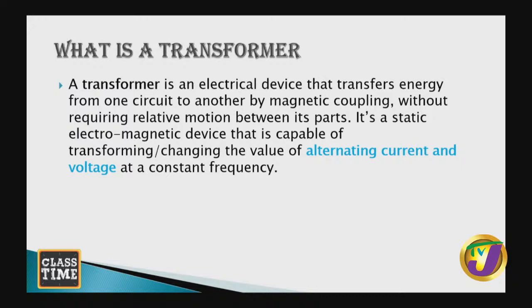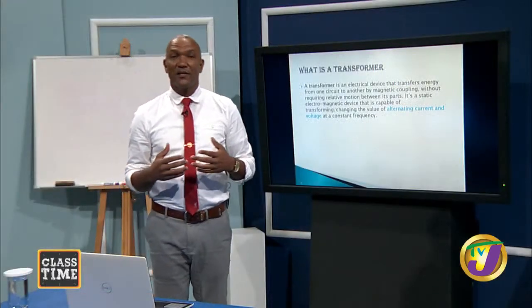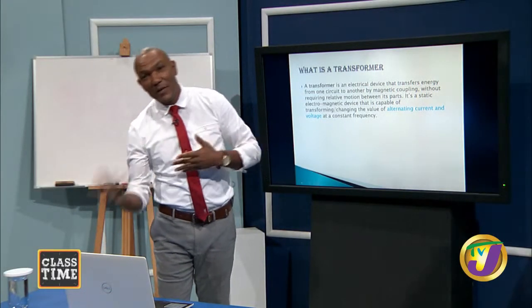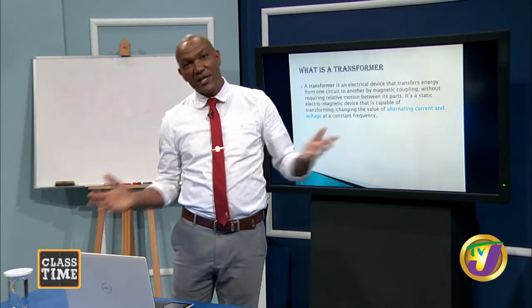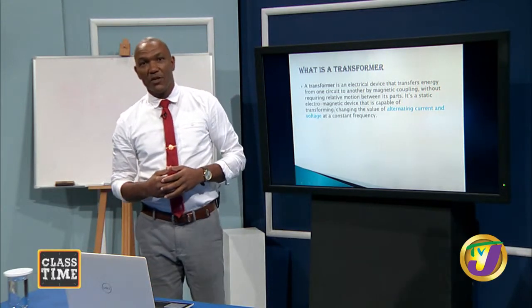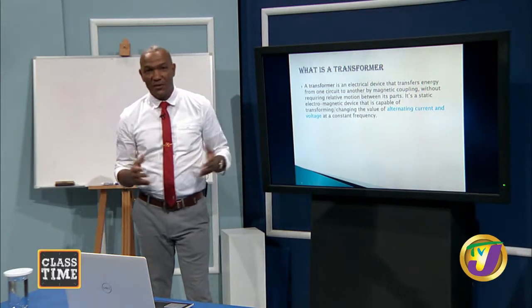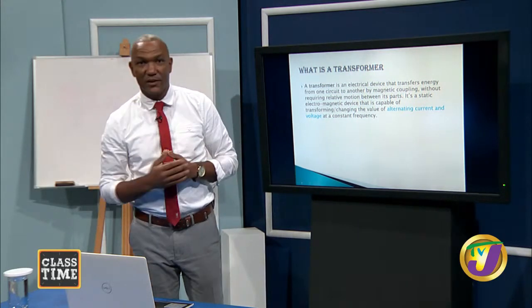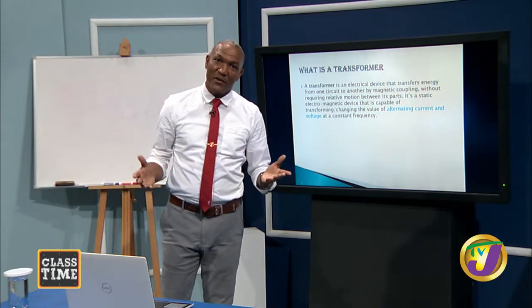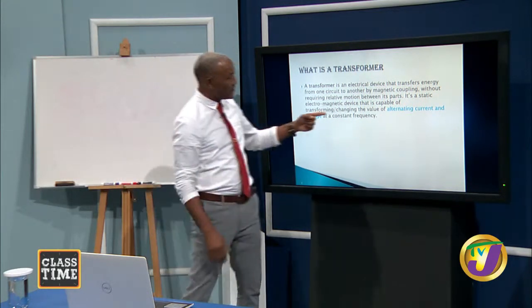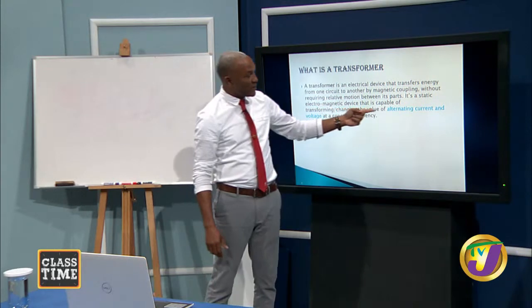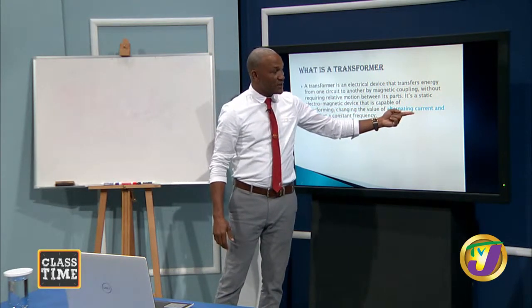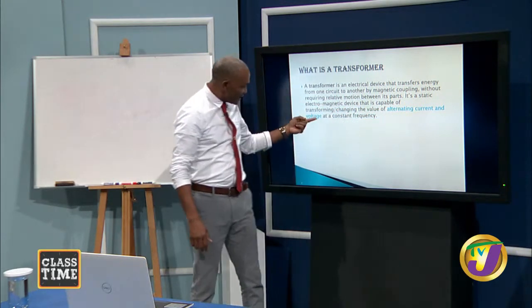And the reason for this is, a lot of times students might just say a transformer is a device that steps up or steps down voltage, changes the value of voltage. But you have two kinds of current, what is called alternating current and what is called direct current. A transformer does not deal with direct current to change the value. So I actually ensure that students will realize that we're dealing with alternating current and voltage.